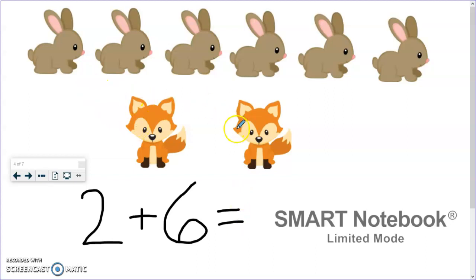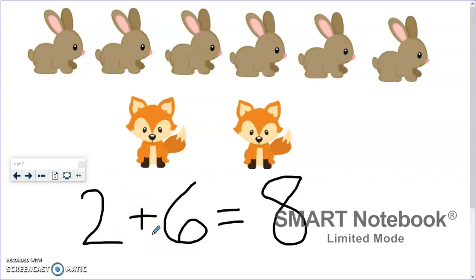Let's see, 1, 2, 3, 4, 5, 6, 7, 8. I still got the number 8. Good job. So when we're making addition sentences and we're adding more together to get a bigger number at the end, we always want to have our plus sign.